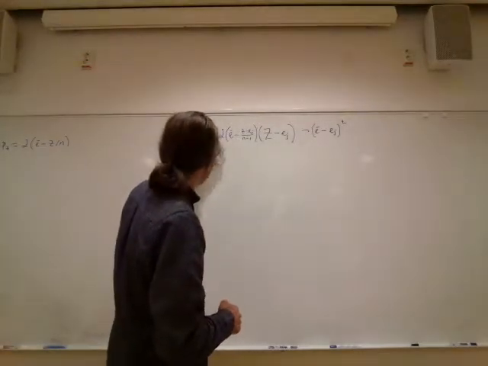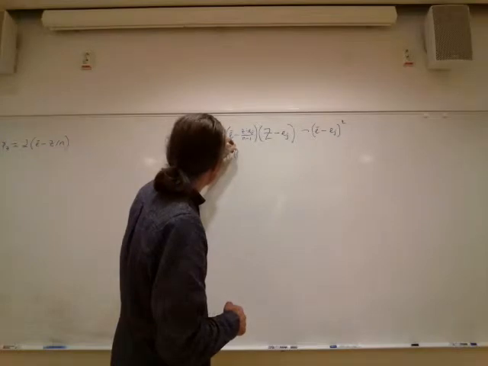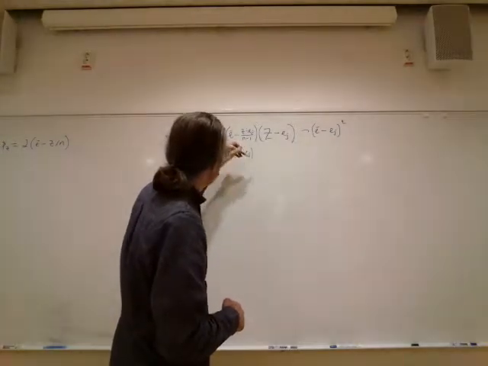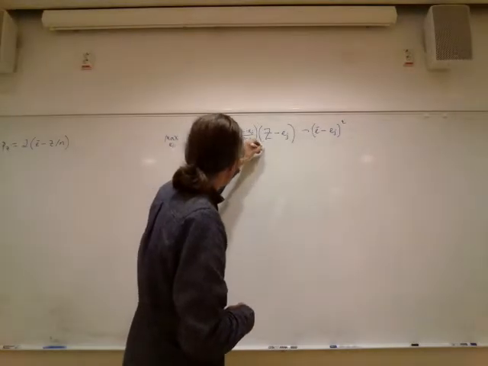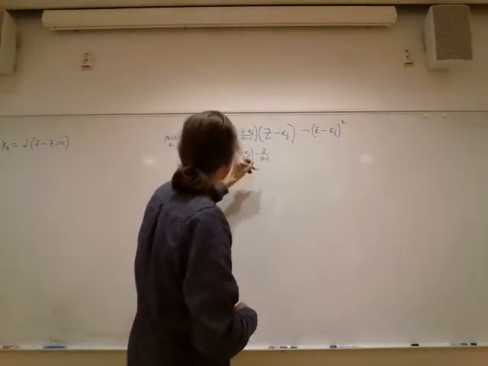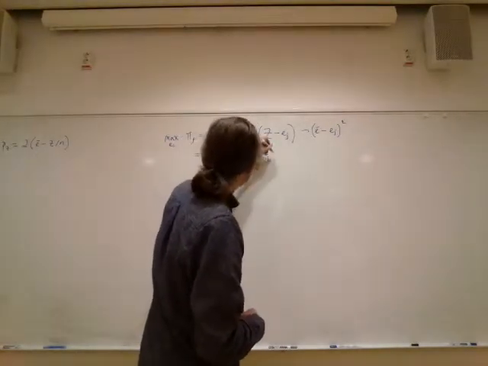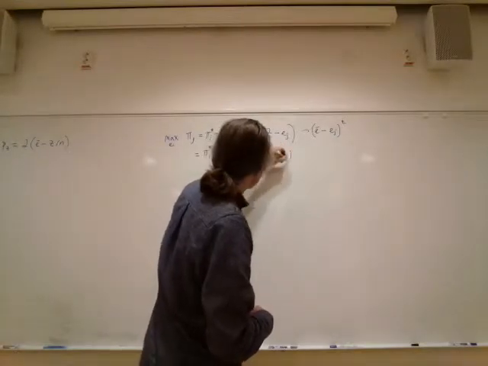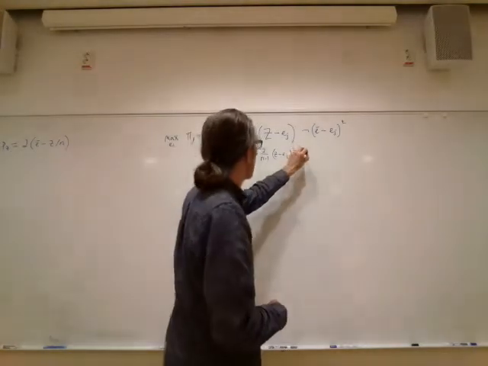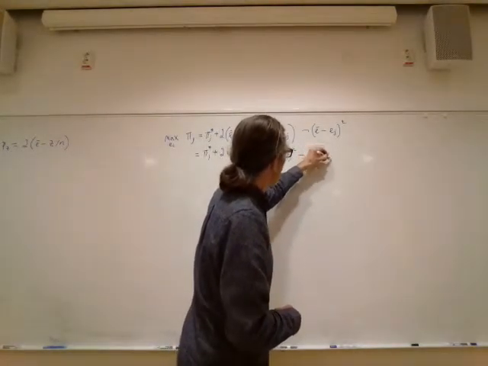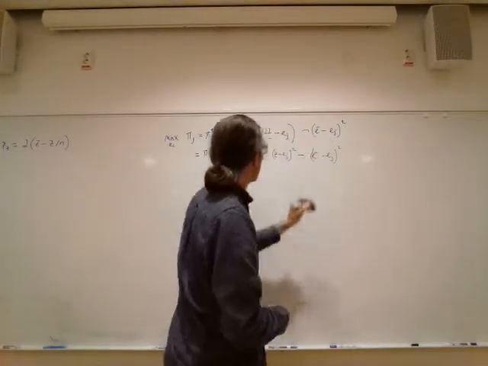So what do we have? We have 2 E bar times (Z minus Ej) minus 2 over n minus 1 times (Z minus Ej) squared, don't we? Minus (E bar minus Ej) squared.